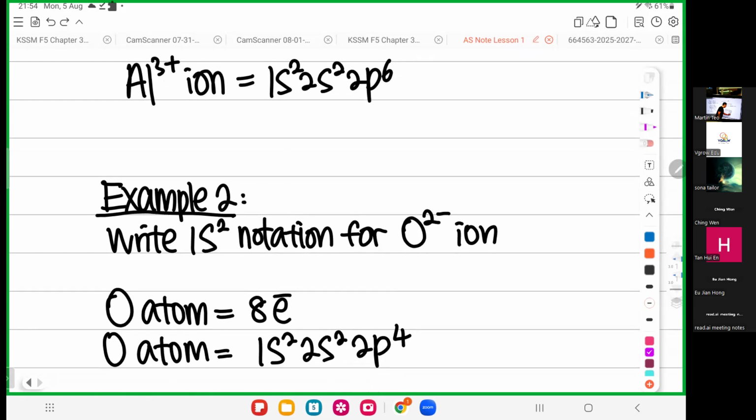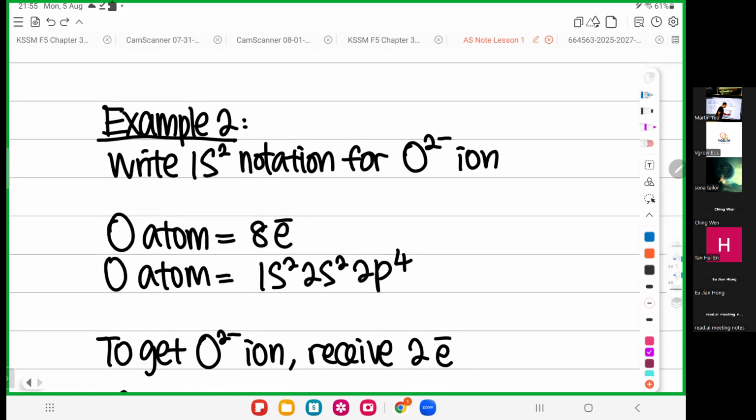So now we know that from the oxygen atom, I want to get O2 minus ion. We learned before, when you want to change something neutral to become negative ion, you need to receive electron. The charge is 2 minus, which means you need to receive two additional electrons. So who donates, who receives electron? From the rightmost, the 2p, p can put 6 electrons in total, right?